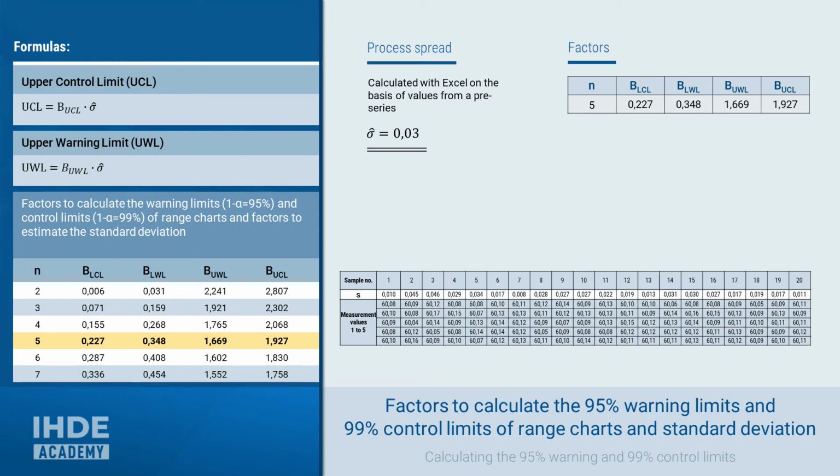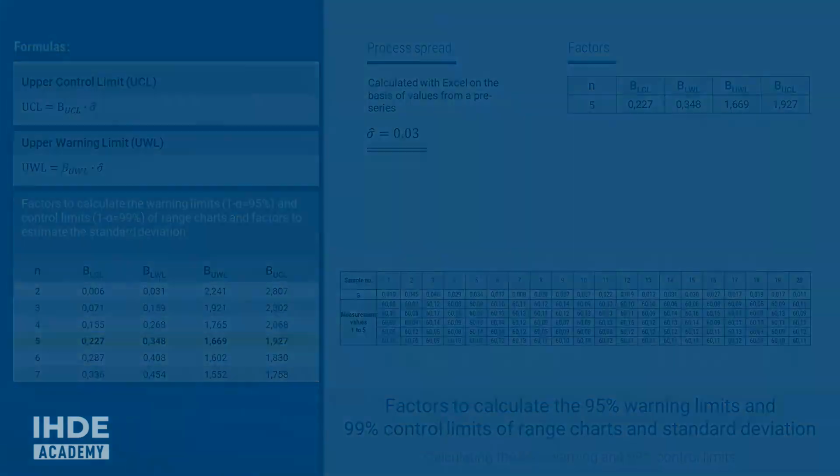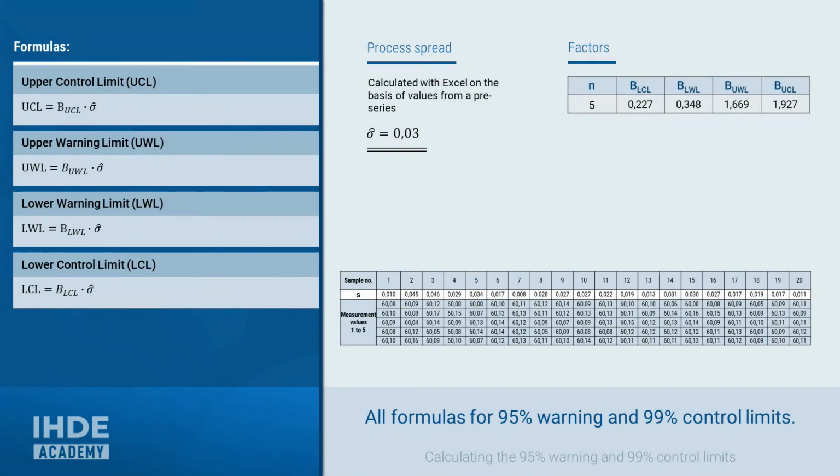A small excerpt of such a table is reproduced on the left. For the sample size of 5 given in this example, we can now take the values for the B factors from this table. We now have everything we need to calculate the warning and control limits.